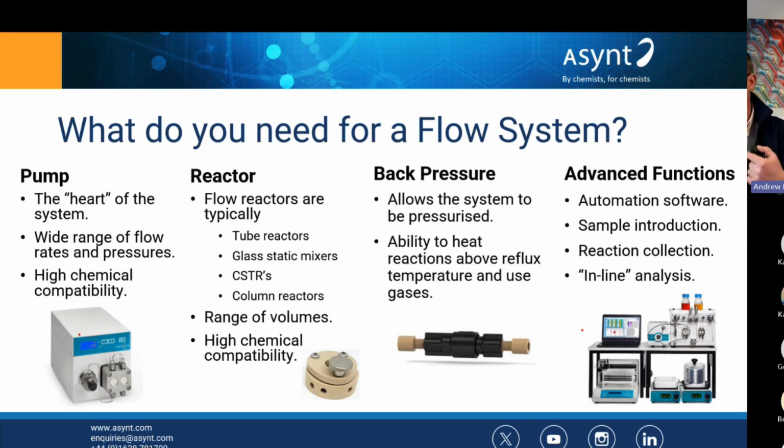And then we can add some of those advanced functions, those really nice to have functions. We can combine multiple pumps and multiple reactors. We can add auto samplers, and we can add fraction collectors and automation software, so we can automate the entire process. We can add inline reaction analytics, so we can get some really complex flow chemistry systems.